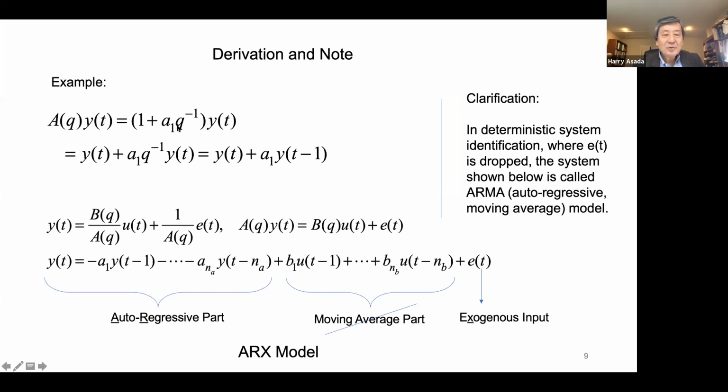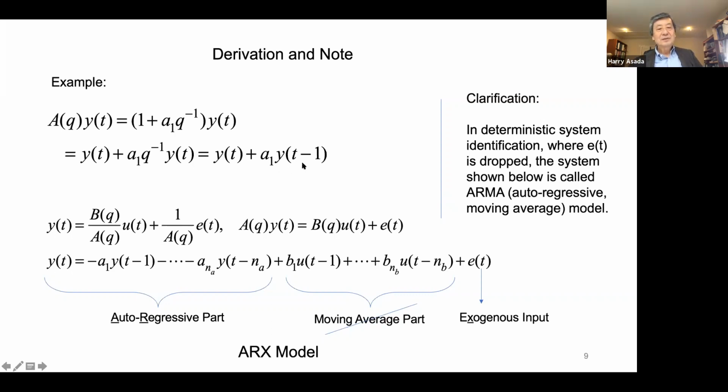Remember that q is a time shift operator, and this kind of operation is basically linear. So Y(t) can be distributed to each of them. First you get Y(t), and second, Y(t) with this operator, right? What this says is just a shift of time by minus 1. So Y(t) is replaced by Y(t minus 1).